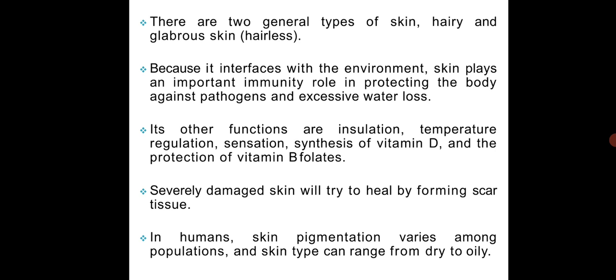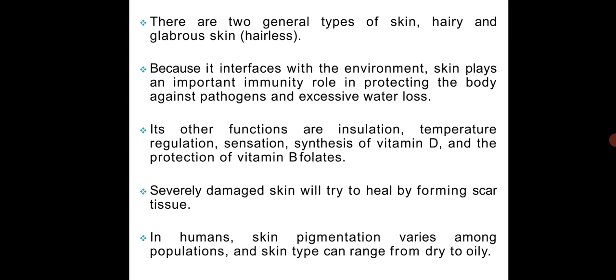Types of skin. There are basically two types of skin that can be observed according to the presence or absence of hair. First, hairy skin, and second, hairless skin. Hairless skin can also be known as glabrous skin, where the hairs will be absent.